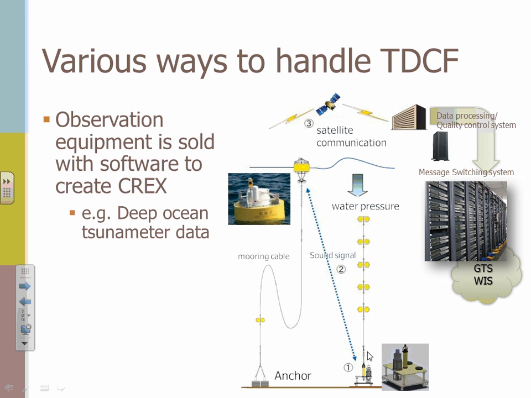The signal is transmitted with a sound signal to the buoy, and then using satellite communication, the data is sent to JMA and processed. So actually, the software to encode CREX messages is included in the equipment, and we run the software here and then create the CREX message. So some observation equipment even includes software to create CREX nowadays.